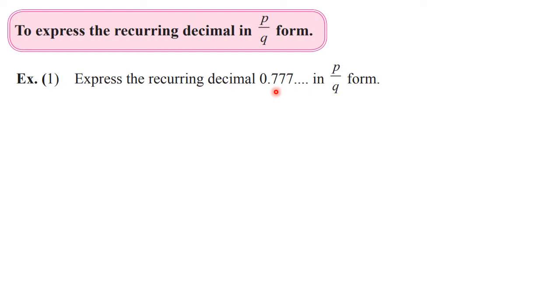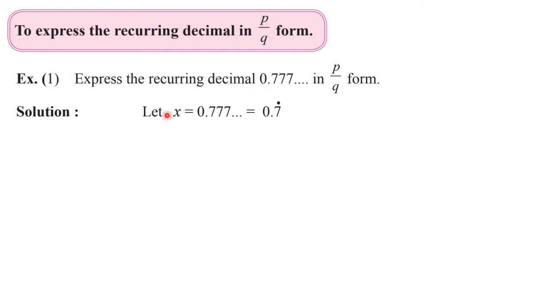Okay, this is important. If only one digit is recurring, then we are going to take 10 as the multiplication factor. If 2 are recurring, then we are going to take 100. If 3 are there, then we are going to take 1000. Now when I explain, you will understand it better. First of all, this given recurring decimal we will consider as x.